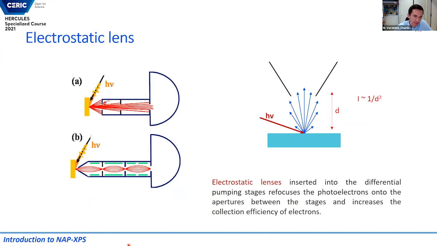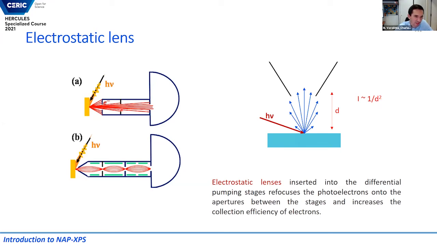Of course, as I said, in the case of NAP XPS the analyzer is a bit farther from the sample, because you have several pumps here. If you just simply have some apertures for collecting the electrons, you would lose a lot of signal, because the signal decreases as the distance from the source increases, as you know, as 1 divided by the distance squared.